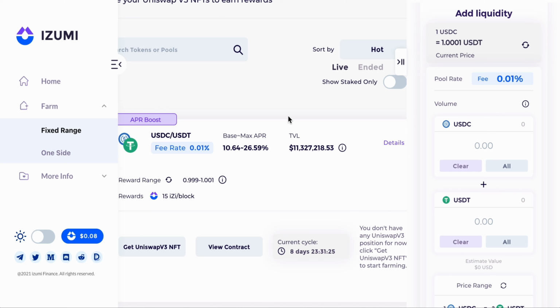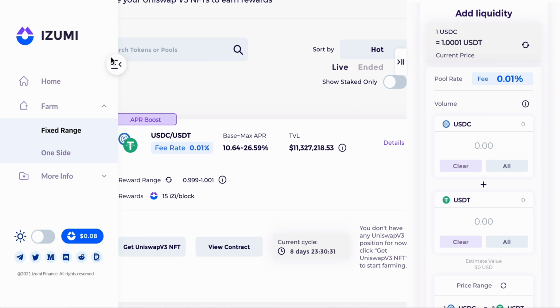If you have a Uniswap V3 NFT, you can stake your NFT on the Izumi platform, and the additional iZi token reward and subsidies can increase the APR from about 11% up to 27%, depending on whether the users use iZi token for boost, which means you can use the iZi token to boost your APR reward from 11% up to 27%. This part about boost will be explained in detail in the next video.